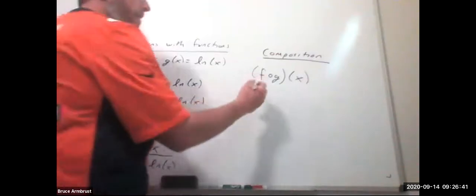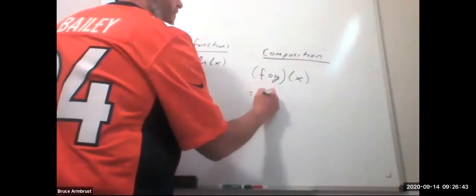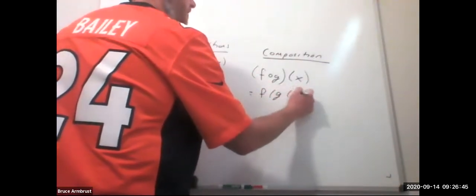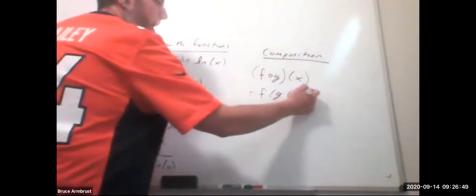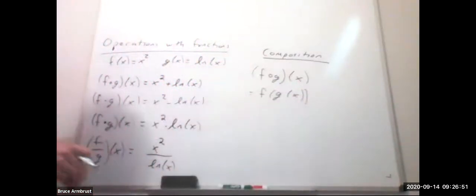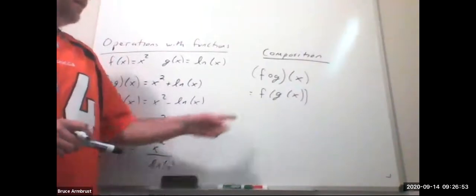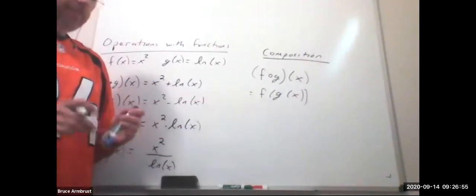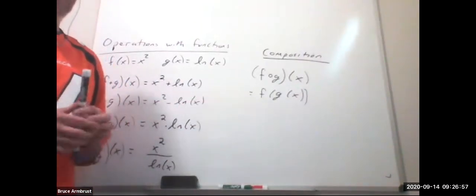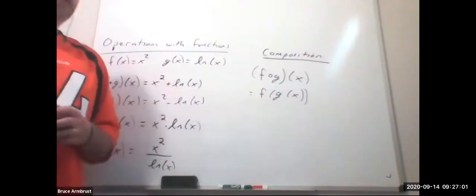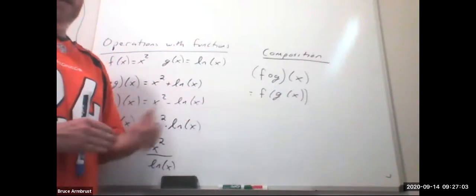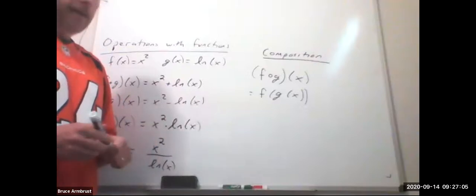And so this is f of g of x. Another way you'll see it written is like this. And this is what I will write. I'm not a big fog guy. I'll write it this way. And basically what we're doing here is we're taking one function and we're putting it into the other function.